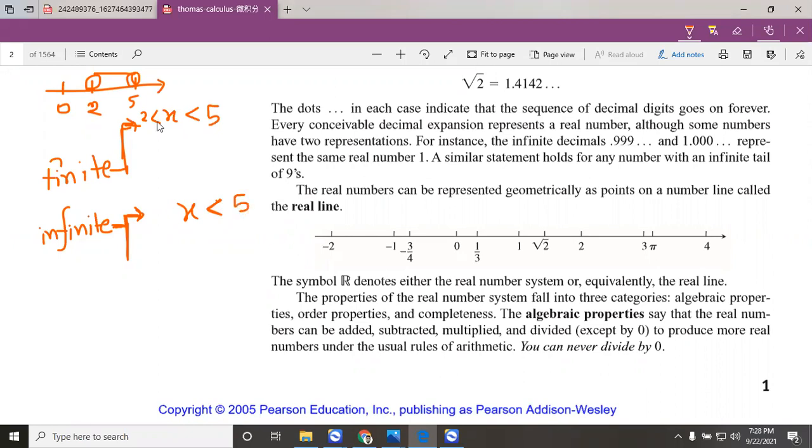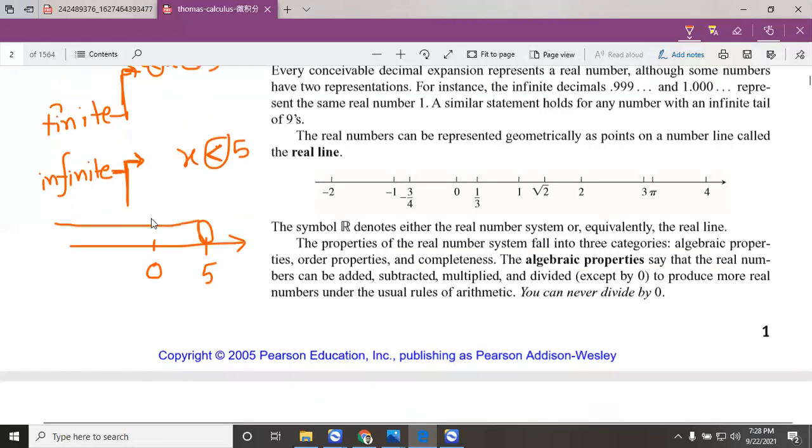We don't have these two inequalities, we have only one inequality, like x is less than 5. So if we draw it on the real line, if this is 0 and this is 5, it will be like this, from 0 till minus infinity. So this is called an infinite interval.